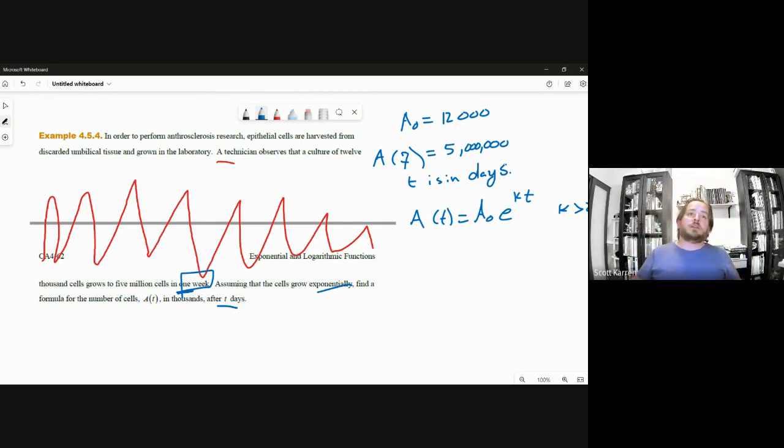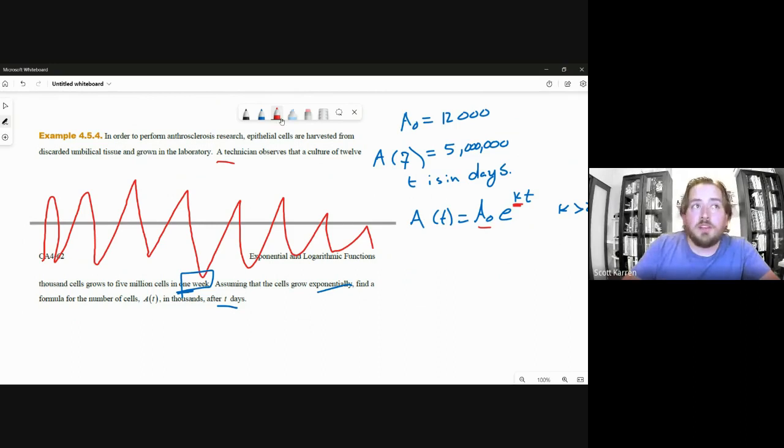But here we are. So A of 7, 7 days, we've got 5 million. I want to figure out what the equation is. The only thing that I really need for the equation is to figure out what k is. t is just going to be a variable. A naught I know, and those are the only 2 things that I wouldn't know on the right-hand side.